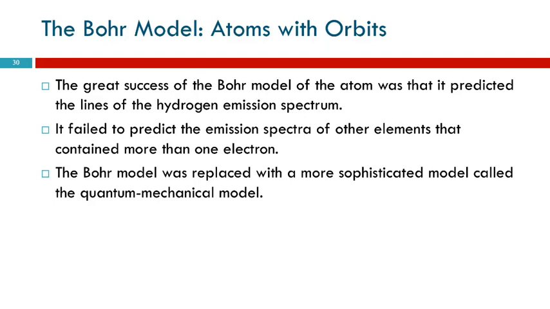So they had to figure out something else, because the Bohr model working for hydrogen was a big advancement, but it's obviously not the ultimate answer because it only works for hydrogen. So why do we even talk about the Bohr model? We talk about the Bohr model because it's a lot easier to get your mind around than the quantum mechanical model.